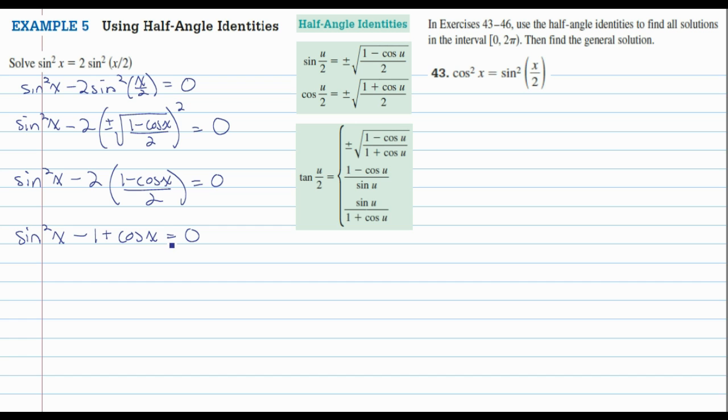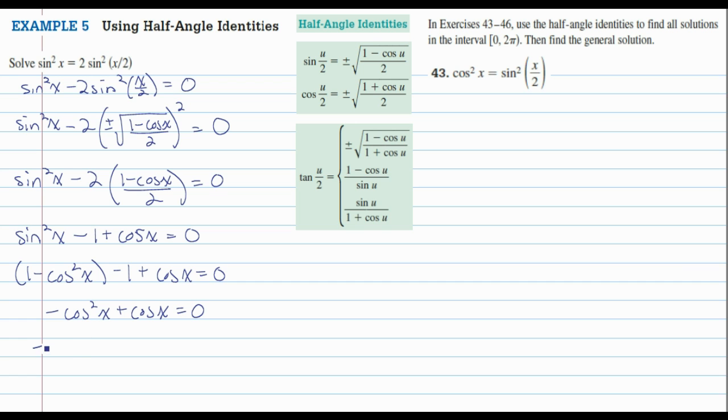Well, I can't factor this yet because I have a sine squared and a plain old cosine, but I do know from my Pythagorean identities that sine squared is 1 minus cosine squared. So now 1 minus 1 will be 0. So I really only have negative cosine squared of x plus cosine of x equals 0.